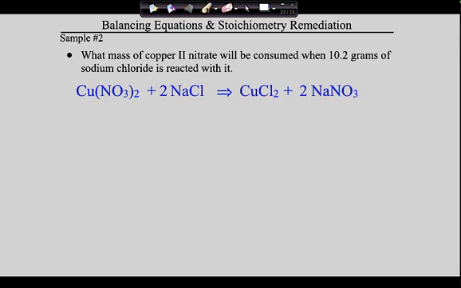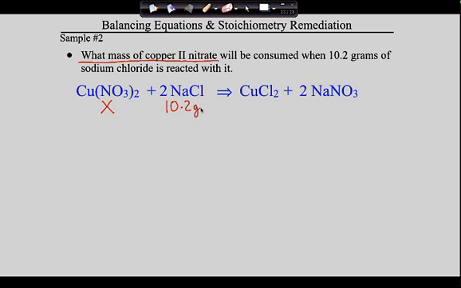So in order to solve this problem, the first thing that we need to do is figure out what we're solving for and where we're starting. So you'll notice that it says what mass of copper 2 nitrate will be consumed. That tells us that our X is copper 2 nitrate. Then we're given this other information that says 10.2 grams of sodium chloride reacts with it.